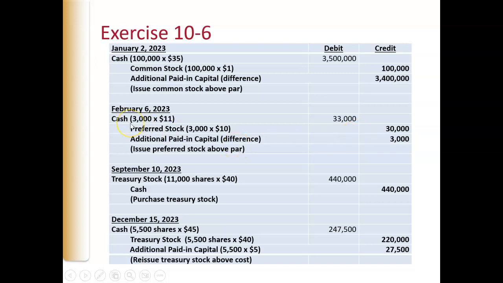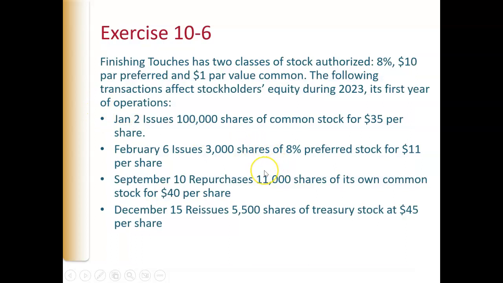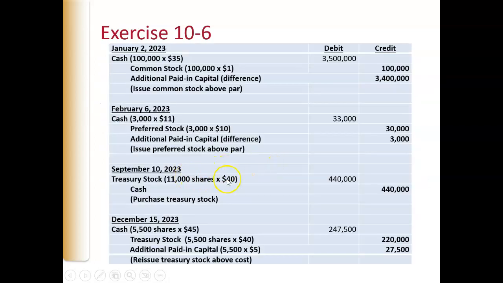When we repurchase our own stock at $40 a share, it all goes into treasury stock, doesn't it? The whole $40 a share is debited to treasury stock. We credit our cash.